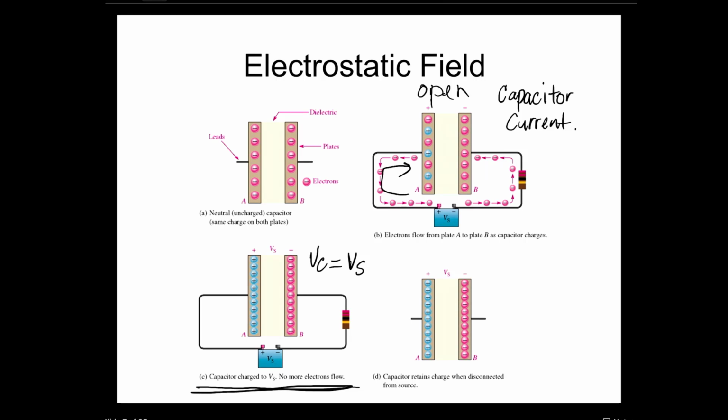We've reached our steady state condition of I equals 0. Okay, so now we have a charged capacitor, and when we have a discharge circuit, that capacitor could discharge into a resistance.